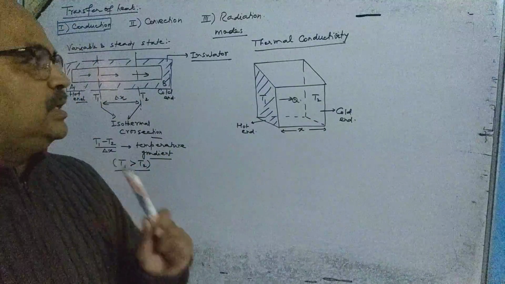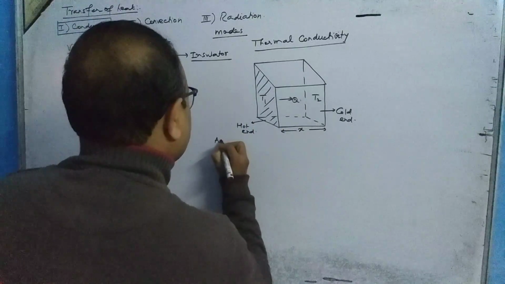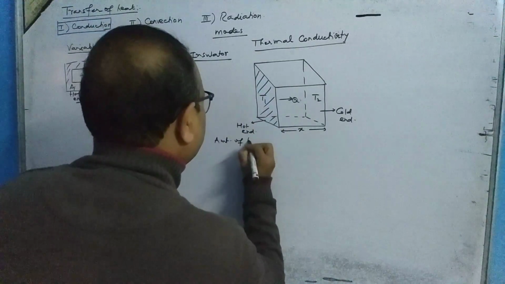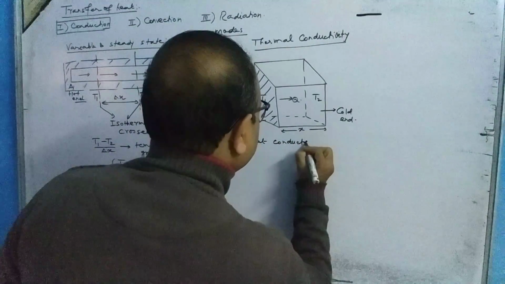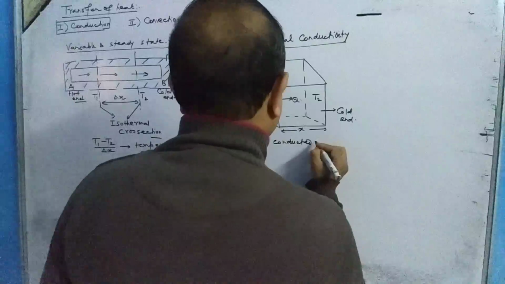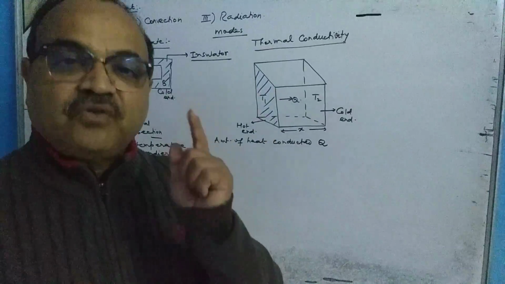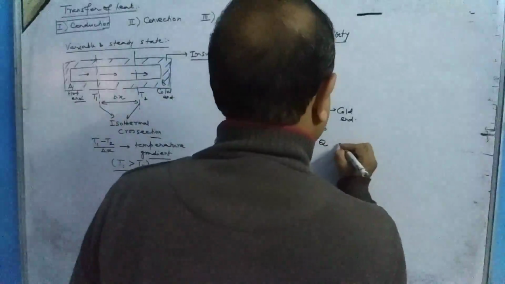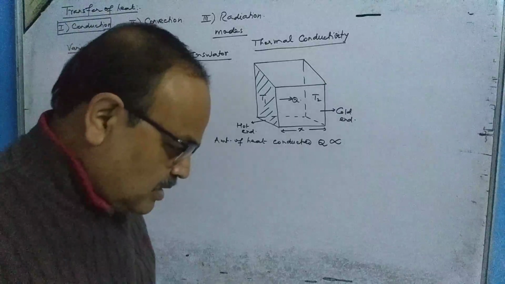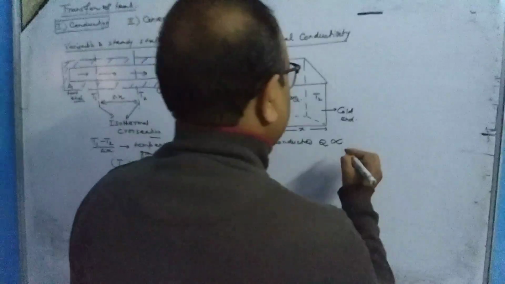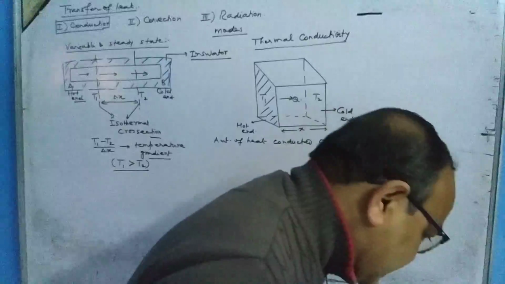Then the amount of heat conducted, I write here, Q. It depends upon the following factors. It is depending upon A, the cross-sectional area.